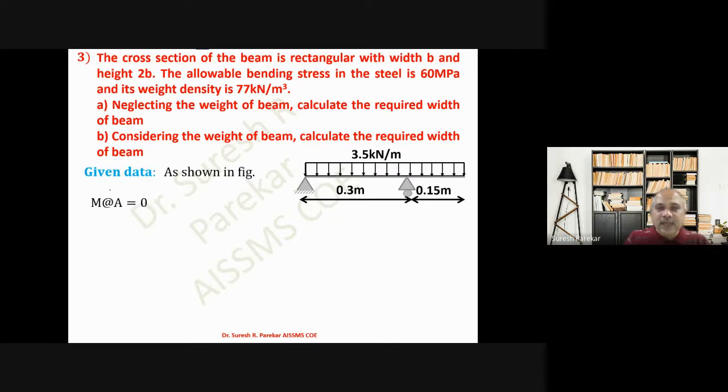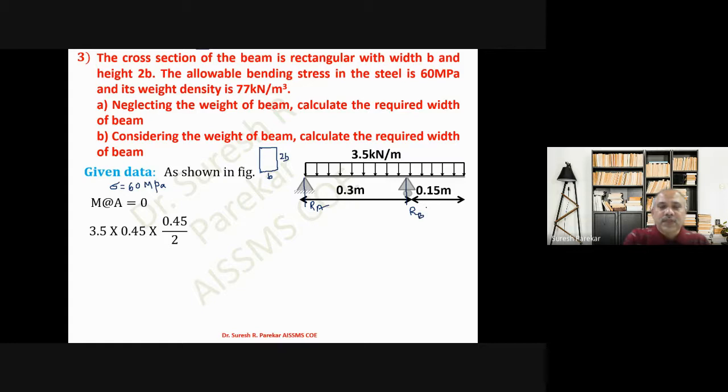So here we have given the value of sigma as 60 MPa, and then we have given the section. So we have width as B and depth as 2B. So now first we will find reactions. So we have this will be RA, and we have this will be RB.